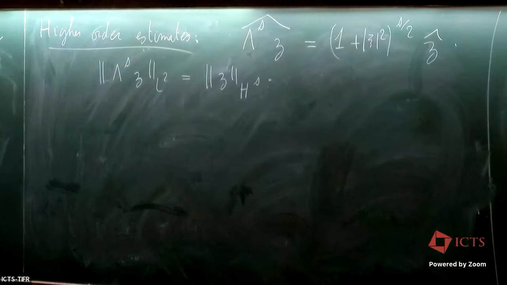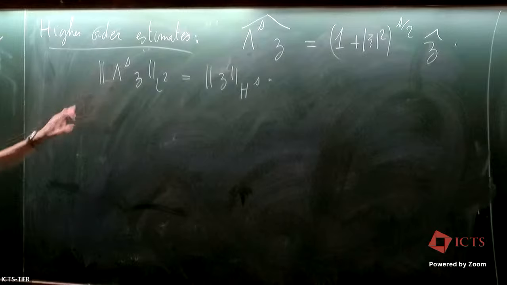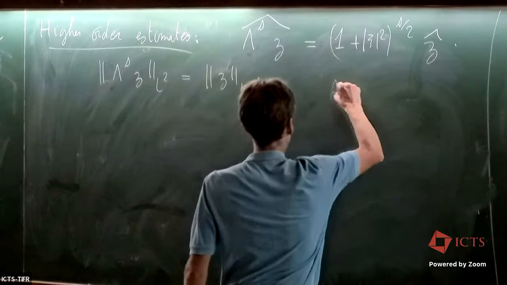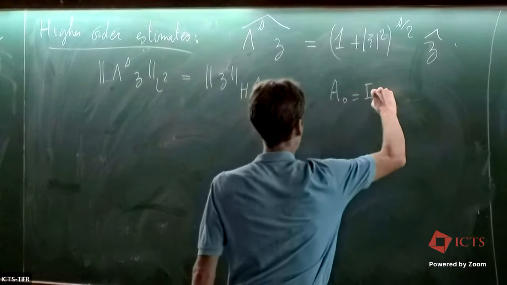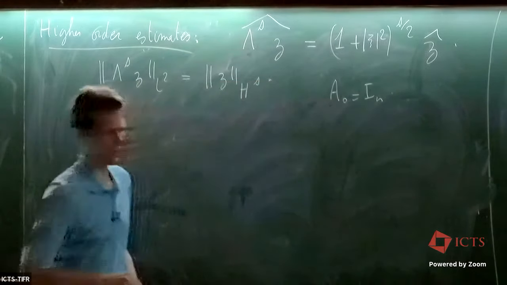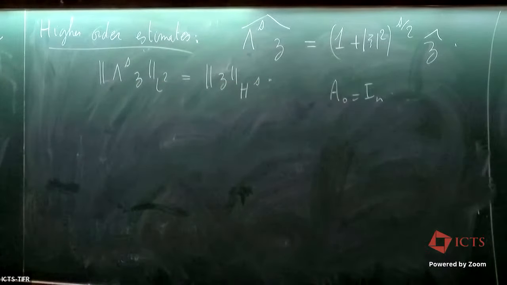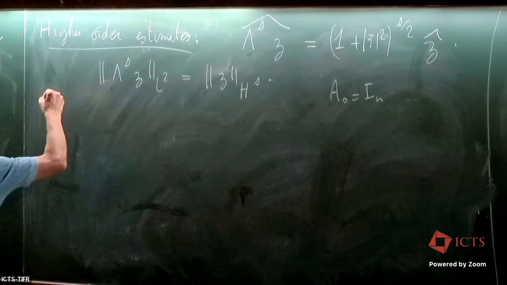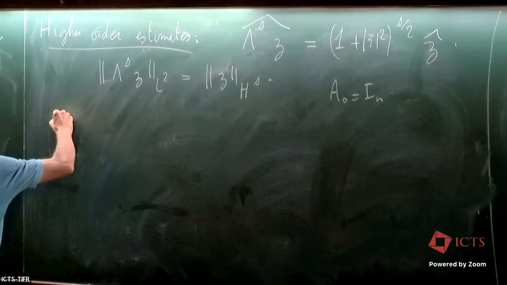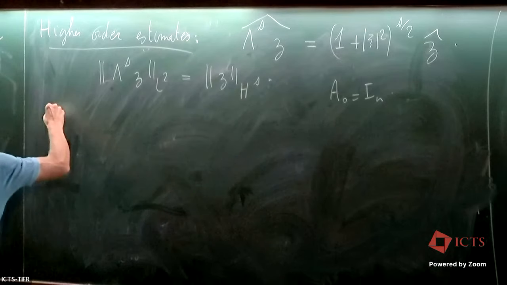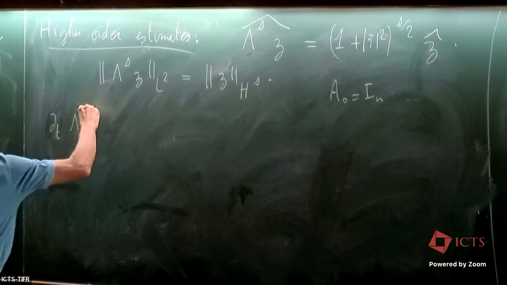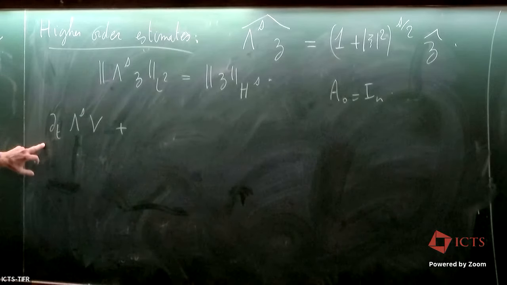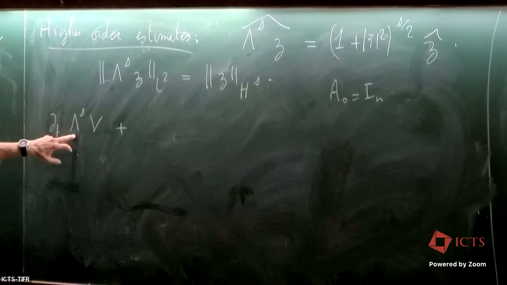The idea is that I'm going to apply this operator to the equation. For simplicity, I take A0 equal identity. Otherwise, I will have one more term to handle, but it could work even in this case. So let me apply this operator to the system. For the first term, I have no problem because this acts only on the space variable.